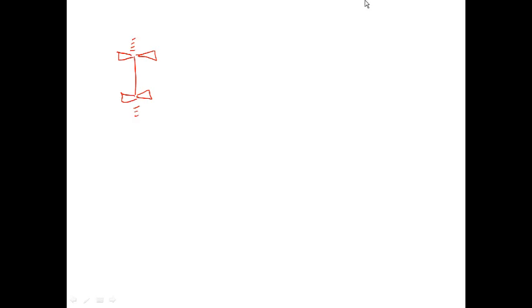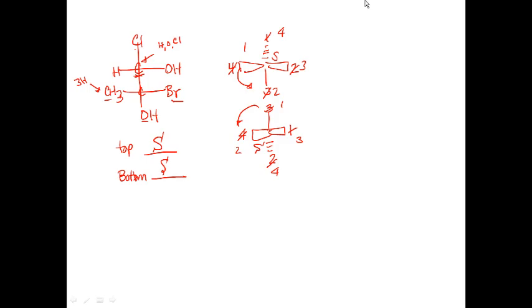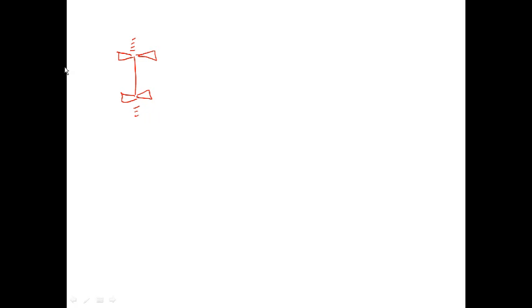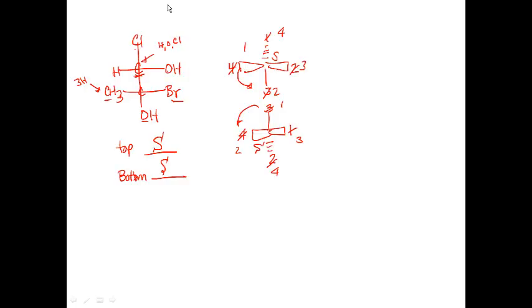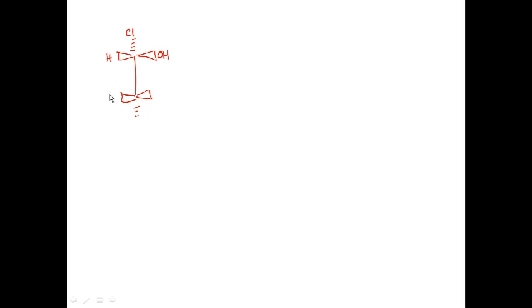Let's say I'm going to go back here, and I'm going to start with this molecule since I already determined that these are both S. So let me write this structure out with the H, the Cl, and the OH. H, Cl, and OH. And CH3, OH, and Br.